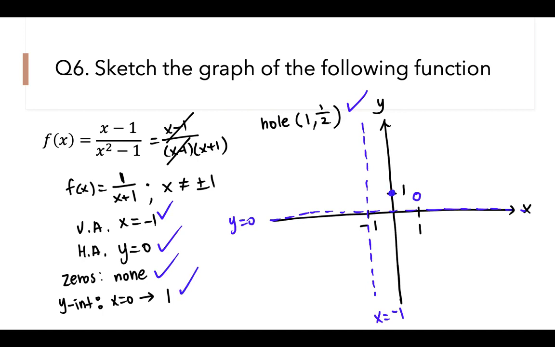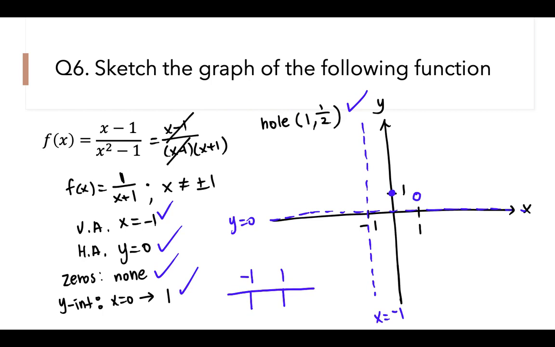Okay. So you may be wondering, how do I go about drawing this? First thing is you want to make an interval chart using the denominator. So it looks like the zeros of the denominator are -1 and 1. So we are going to do a sign chart again, and we're going to plug it in. Let's plug in a number that is smaller than -1 into the equation. So let's see, -2.